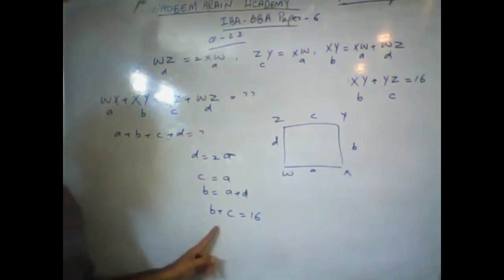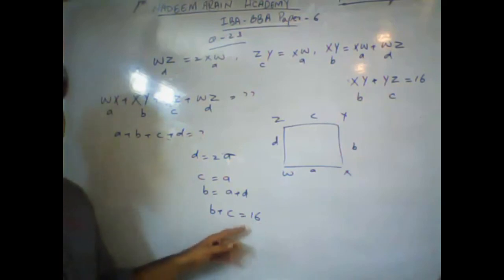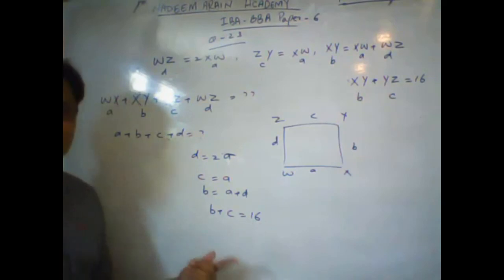Okay, we have just one value here, B plus C is equal to 16. From one equation we cannot find any value of A, B, C, or D.